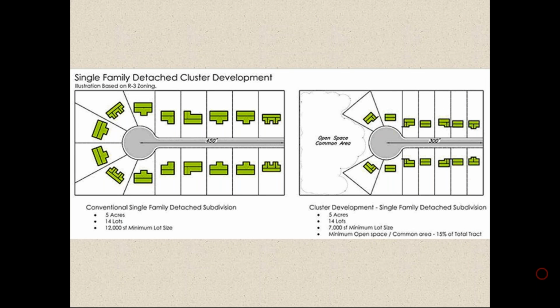And so in the next slide, this shows the traditional subdivision on the left, typical lots, versus one that's aggregated so that you have smaller lots and then an aggregation of open space in the same project boundary area. Resulting in getting the open space area protected.